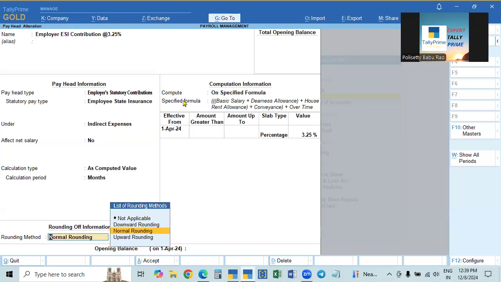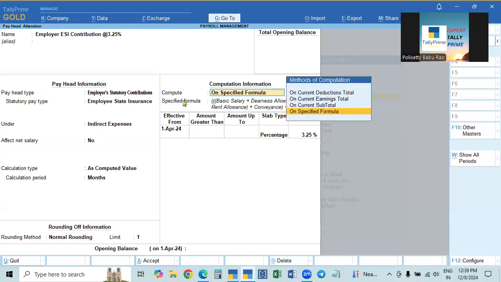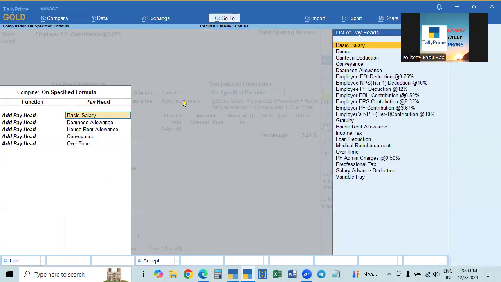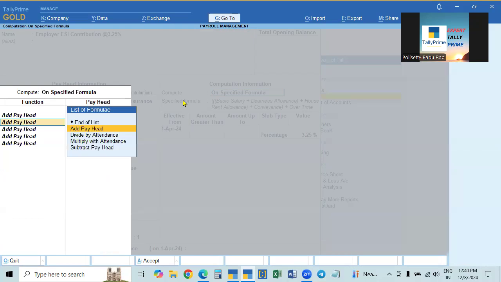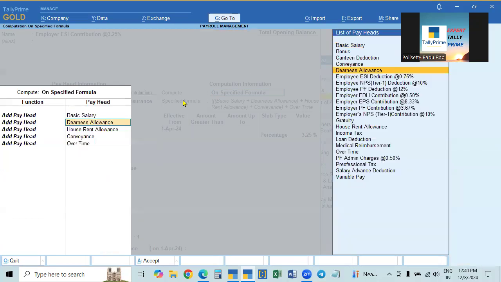This is also a computed value monthly, normal rounding. You come here, the specified formula. Here also the same thing, except non-recurring or not regular incomes. Other incomes will be taken: basic salary, dearness allowance, then house rent allowance, then conveyance allowance, then overtime.